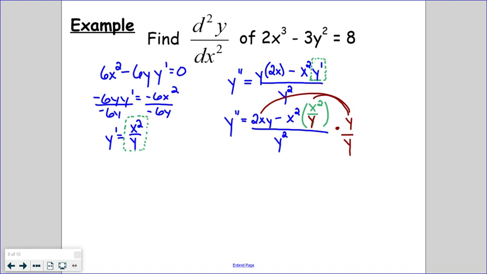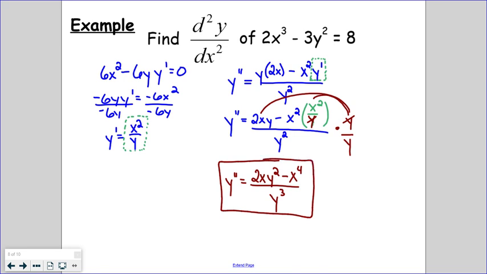And when I take y times the y in that second term, those are going to cancel. So doing that, I would get 2xy squared minus, and then again, my y here and my y here cancel as I do that second distributing through, which would give me just an x to the 4th, x squared times x squared, and in the bottom, a y cubed. I think that's probably the easiest way to attack cleaning that one up with the fraction.